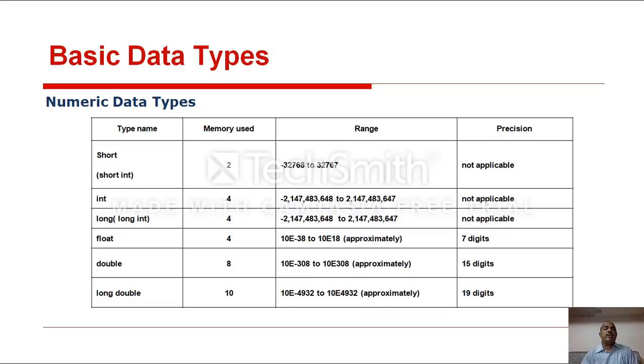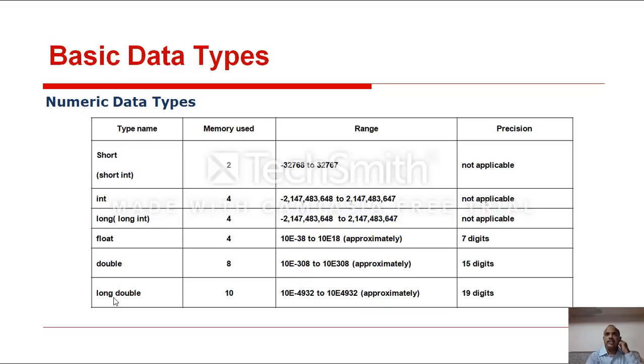For round values we use short, int, long. The various integer data types are short, int, and long. Clear? The various floating point data types are float, double, and long double.